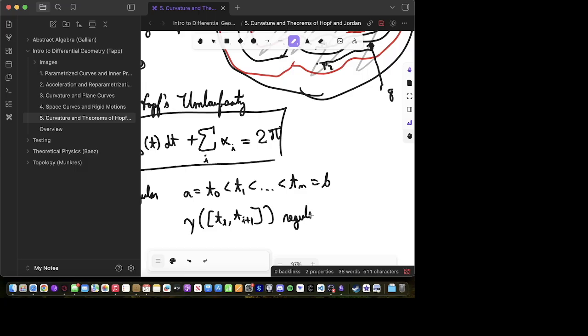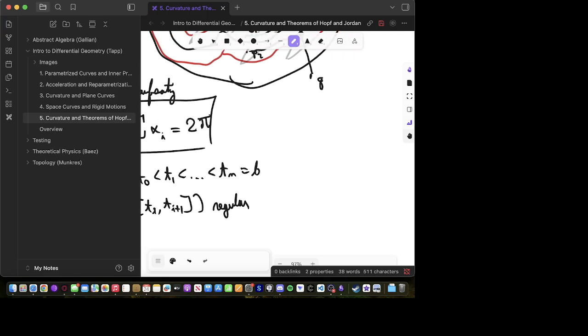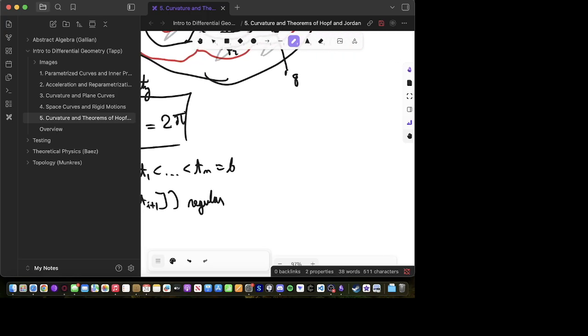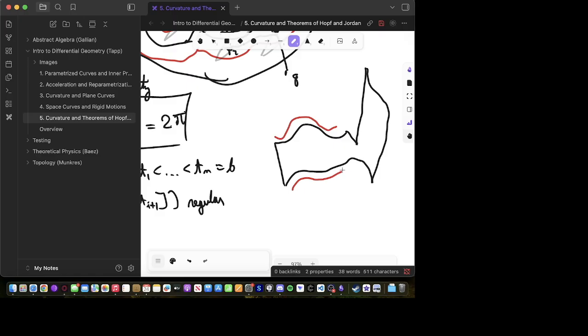I'm just abusing notation like there's no tomorrow here, but you could think of a piecewise regular curve as something that may have corners, but parts of it are regular.